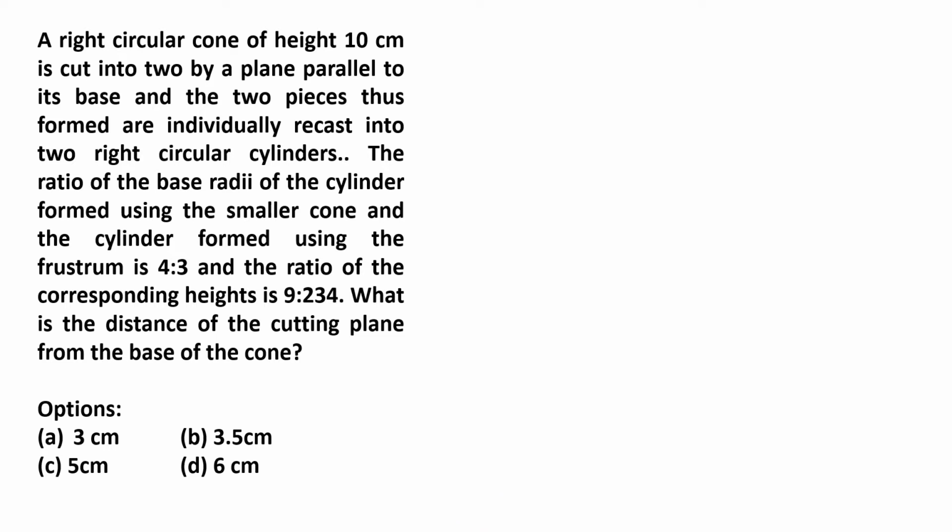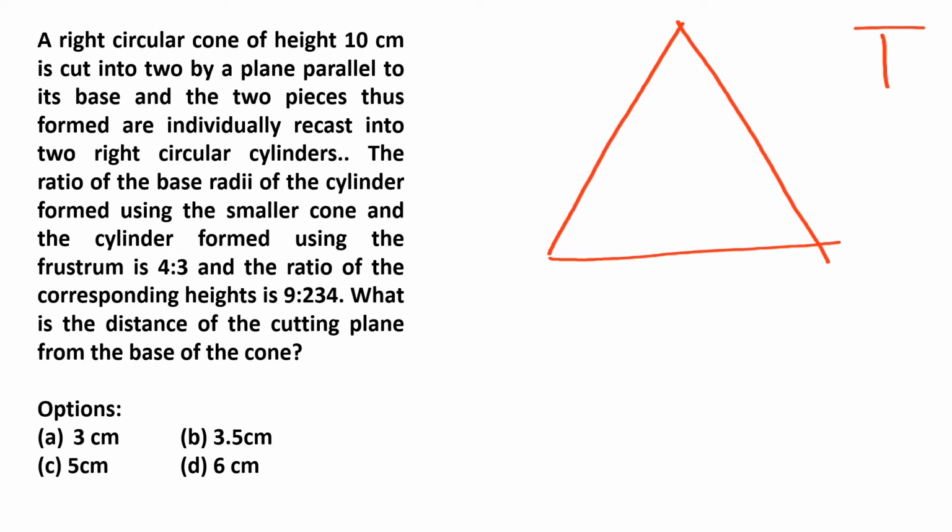Now, in the given question, a right circular cone of height 10 centimeter is given. So this is a right circular cone and the height is 10 centimeter, which is cut into two parts by a plane parallel to its base.